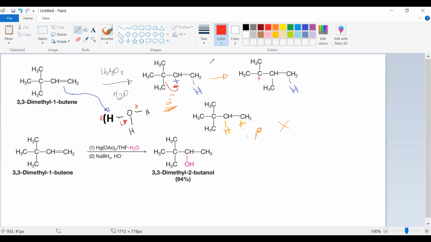When you shift, you have a methyl shift. You have a positive carbocation here, and so you can now add your water.